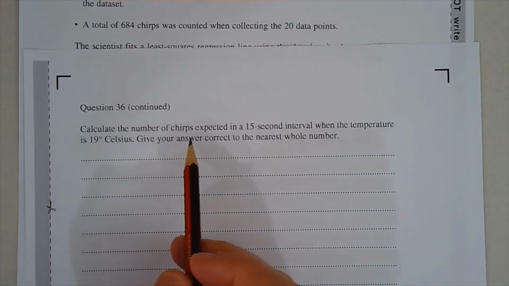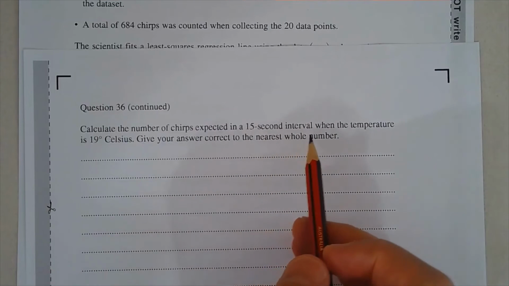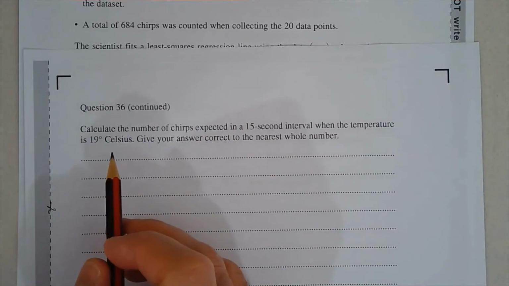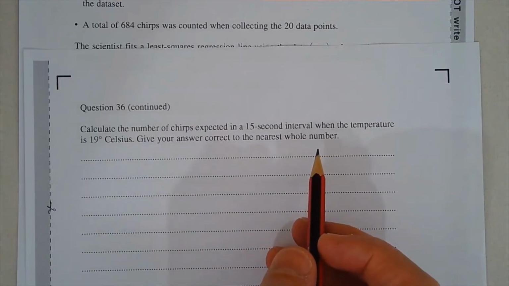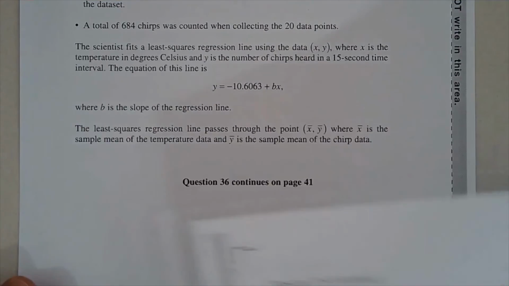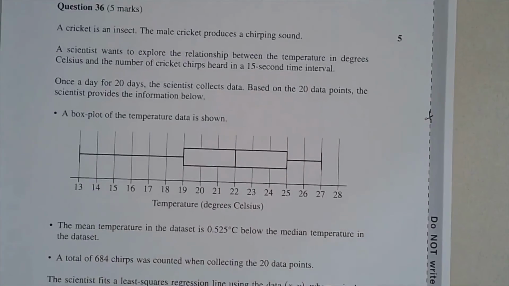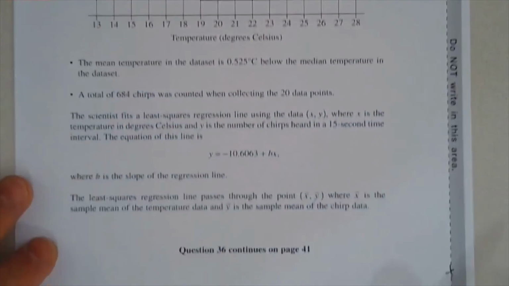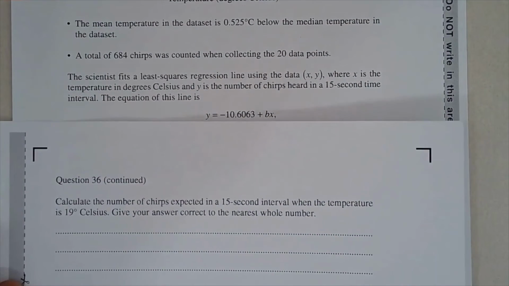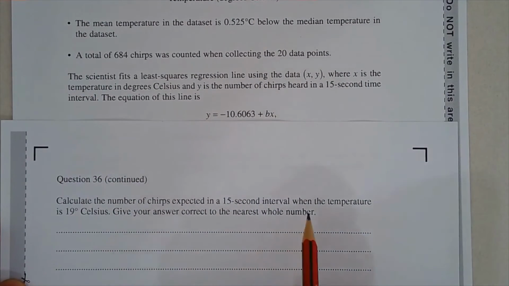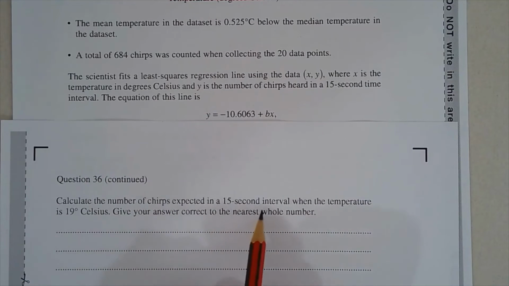Calculate the number of chirps expected in a 15-second interval when the temperature is 19 degrees Celsius and give your answer correct to the nearest whole number. There's a lot going on in this question. So let's work backwards. We want to calculate the number of chirps expected in a 15-second time interval when the temperature is 19 degrees Celsius.